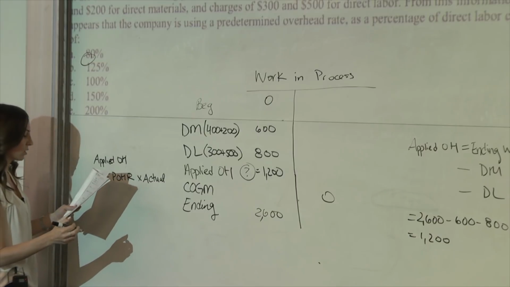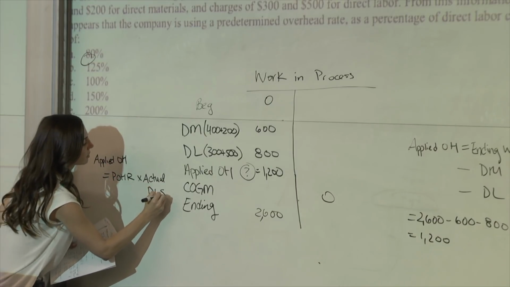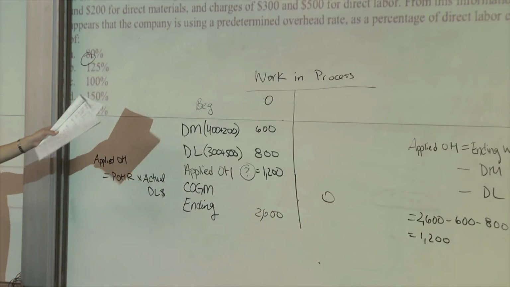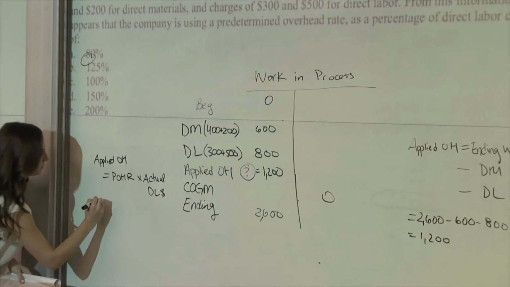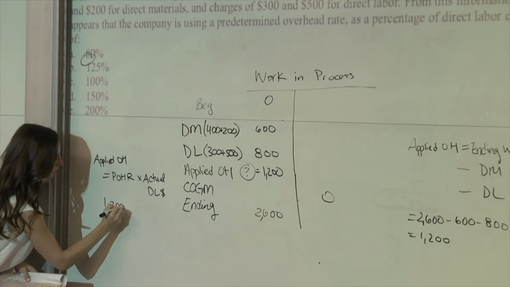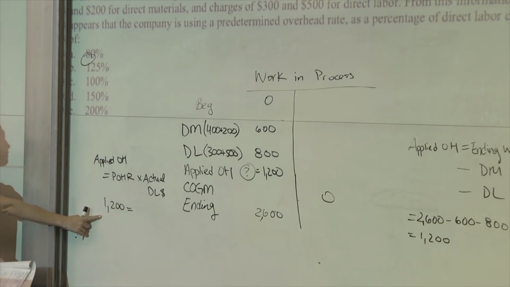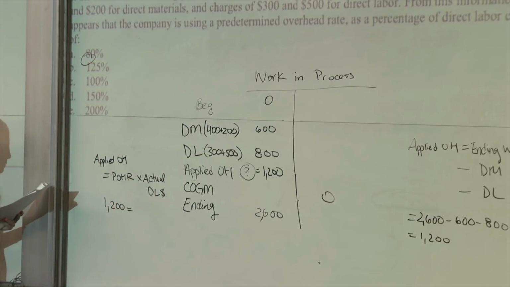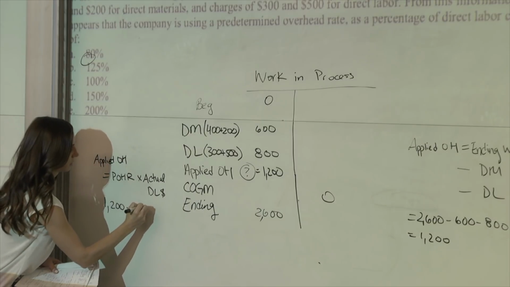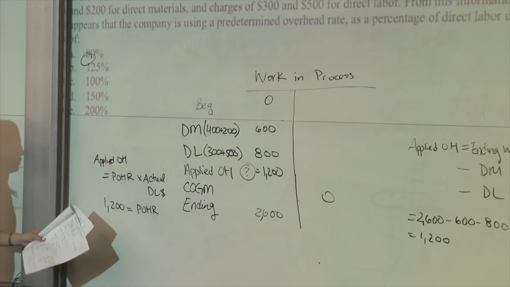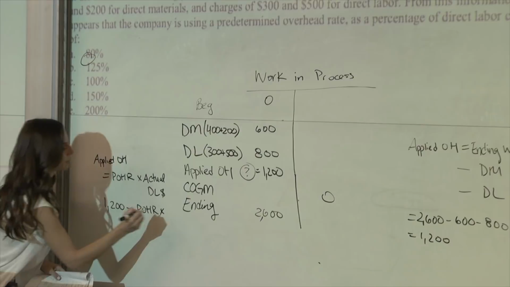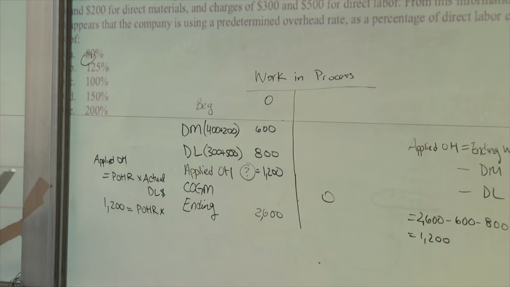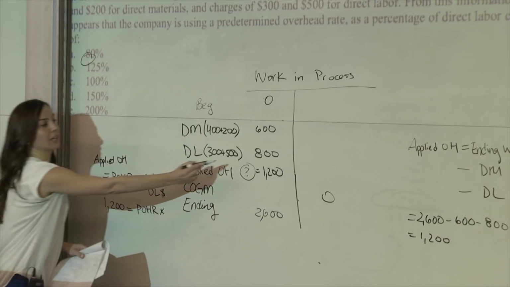In this case, it's going to be direct labor dollars because we're told that. So the applied overhead of $1,200 that we found already equals the predetermined overhead rate, which is what we're trying to find, but we don't know, times the actual direct labor dollars, which we know to be $800.